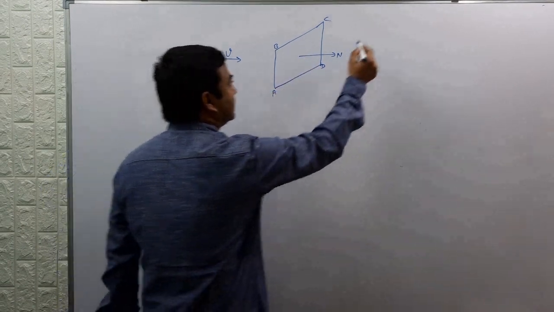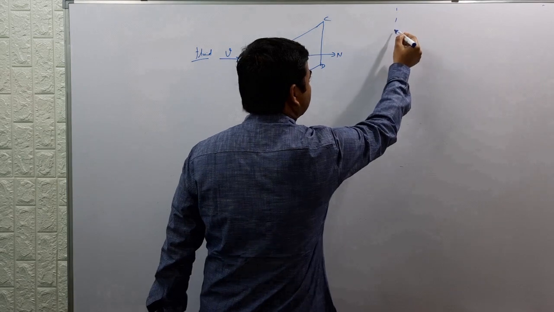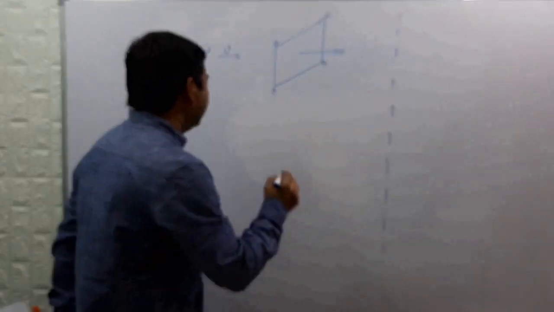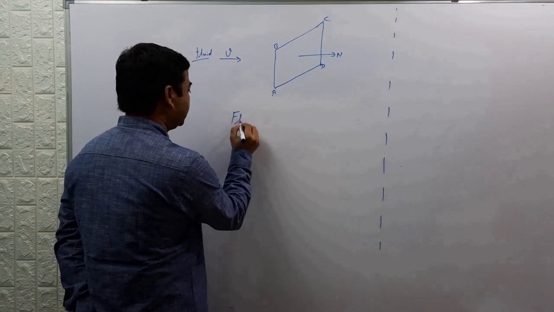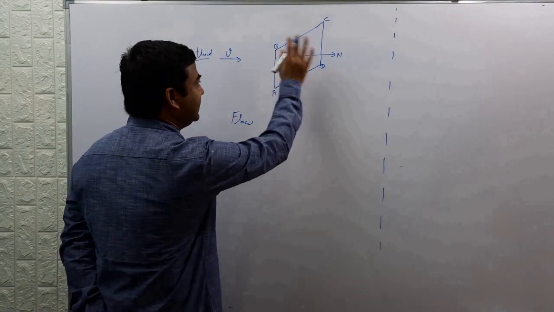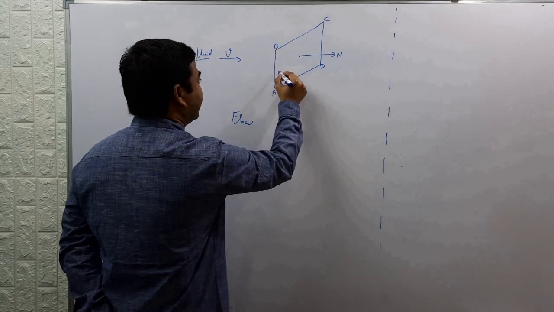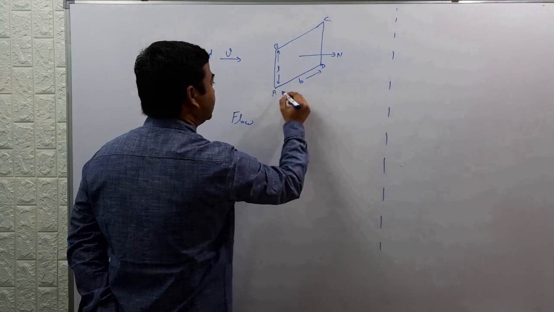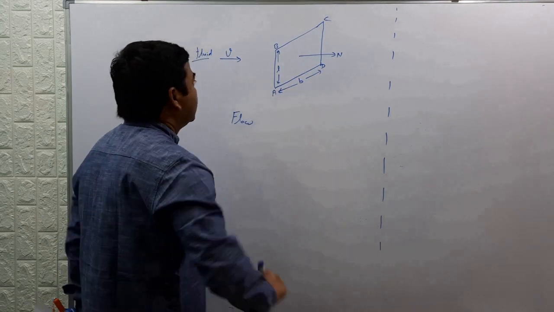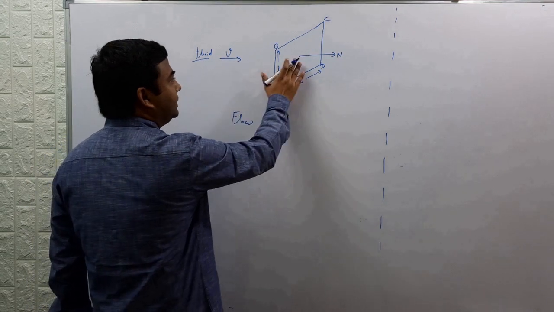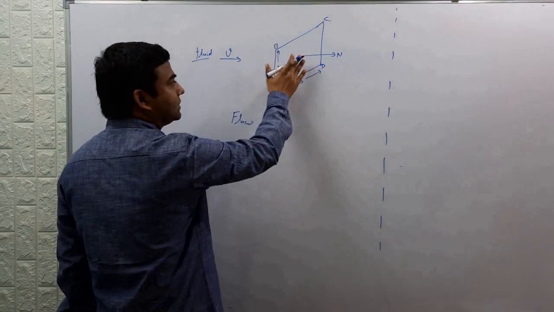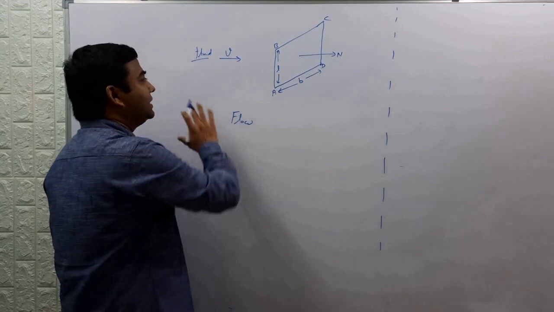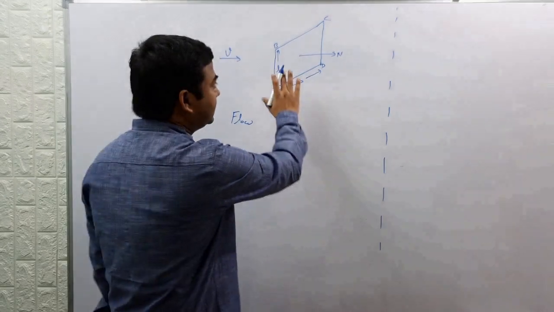So in this first case, you can easily see, let the length of this rectangle be L and width be B. In this case, velocity is perpendicular to this surface and the N is parallel to this velocity, and fluid is flowing through this area.